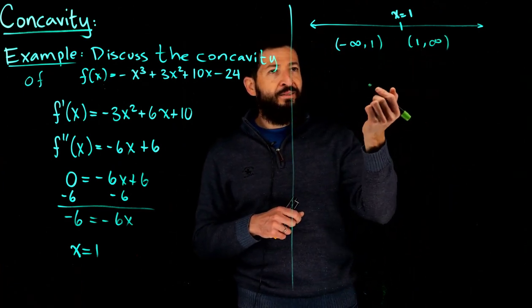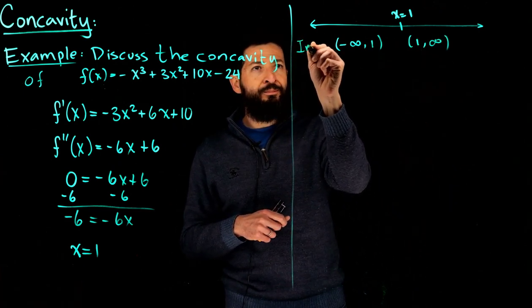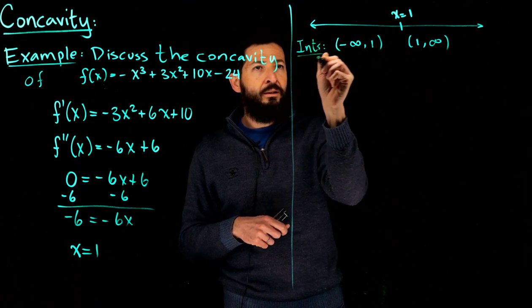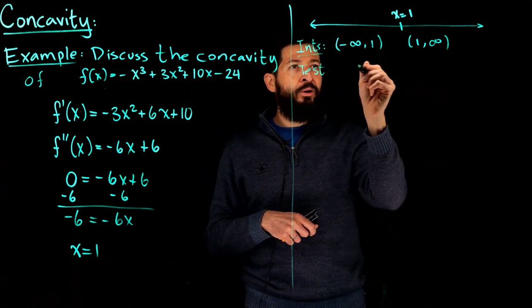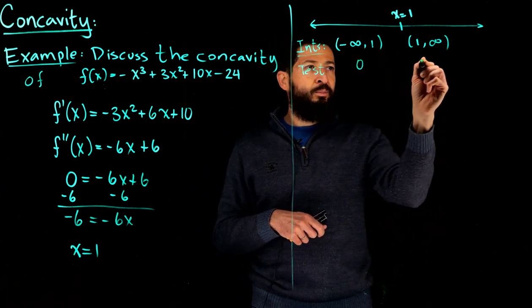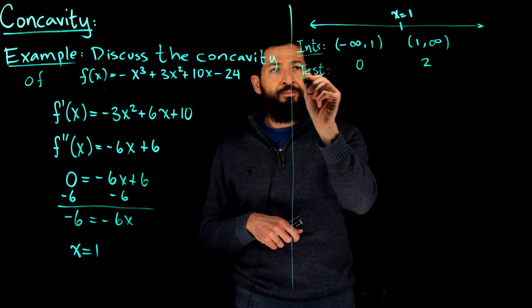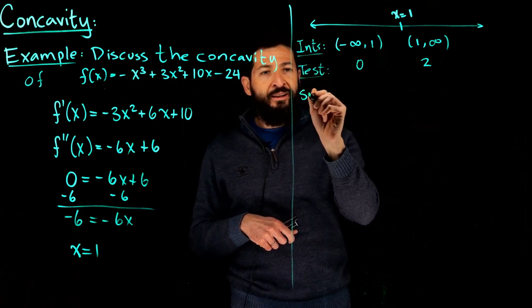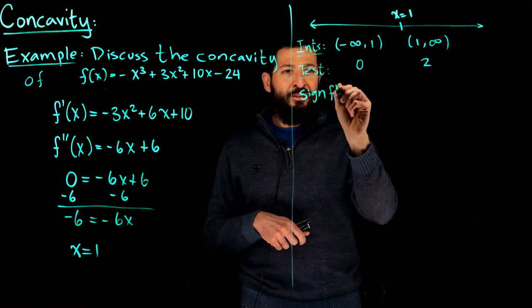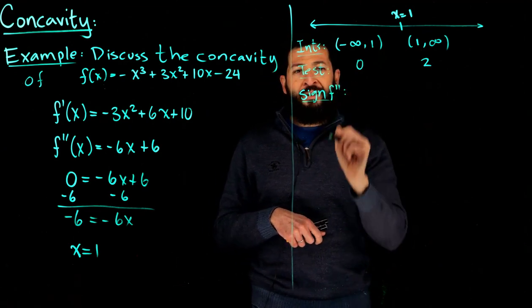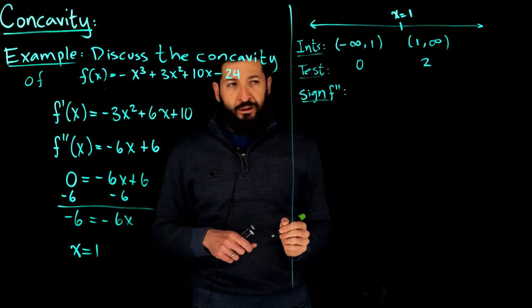Now we pick a test value like we did before. Here I'm going to grab, for example, 0, and I'm going to grab 2 over here. This should look familiar already, because it looks the same as our first derivative test, except now we're using the second derivative.